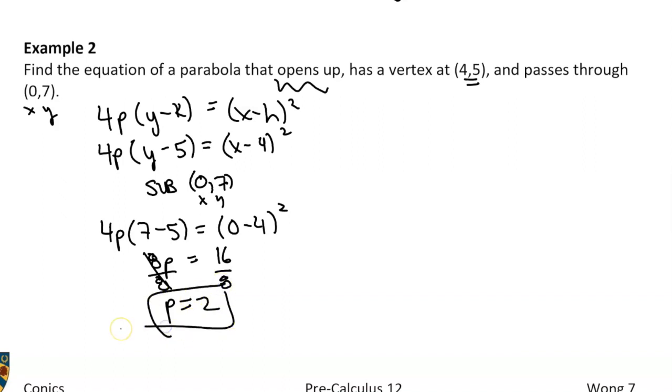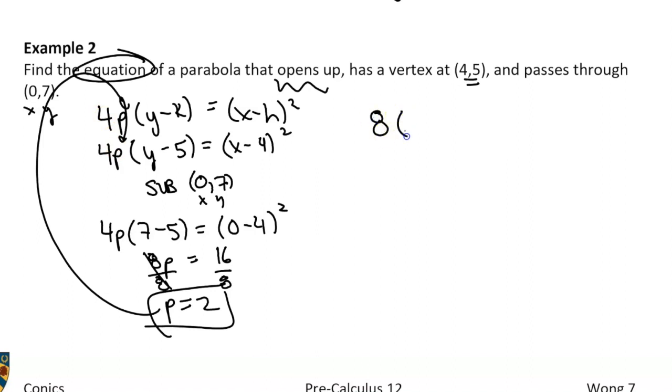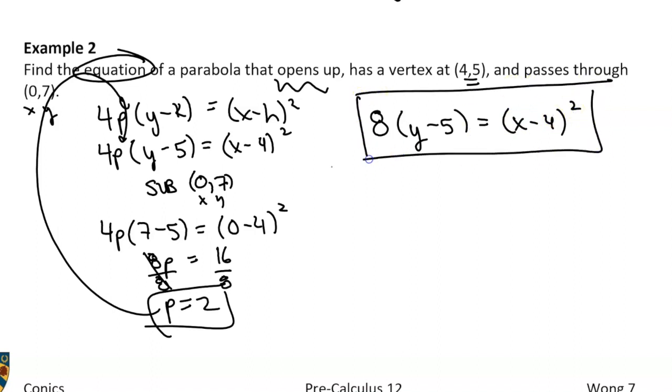So if p equals 2, you could sub that back in to where p is, and you could come up with your general equation for something like this. So 4 times 2 would give you 8, and it would be 8(y subtract 5) equals (x subtract 4) squared. And that would be the equation of this parabola.